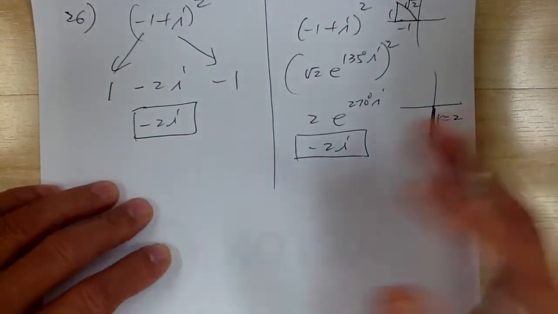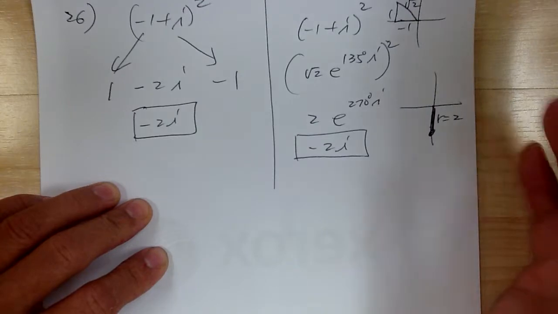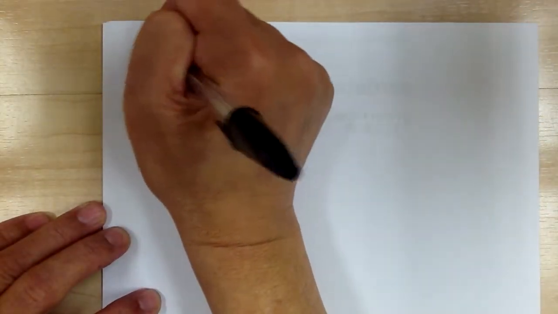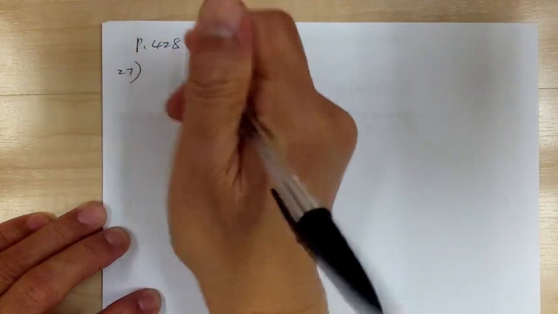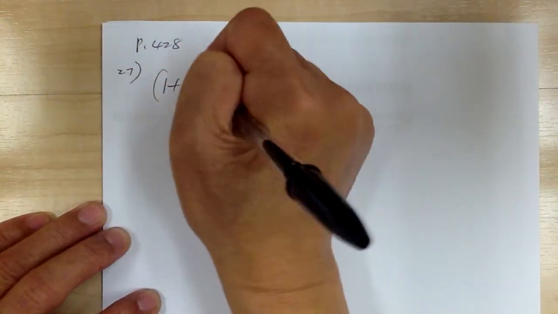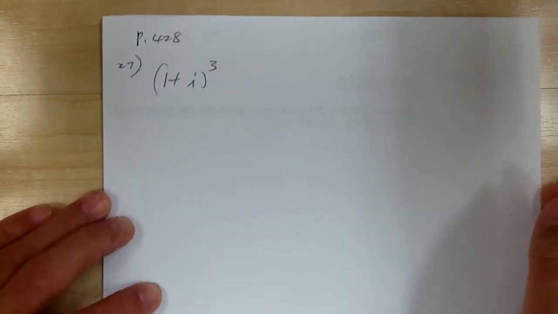So you have to be able to convert back and forth between polar and rectangular. Okay, let's go to number 27. Okay, you got 1 plus i to the 3rd power.